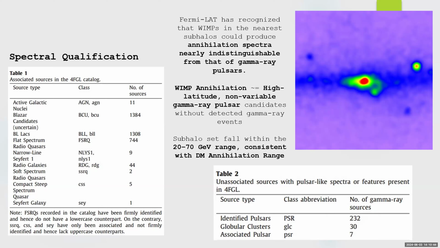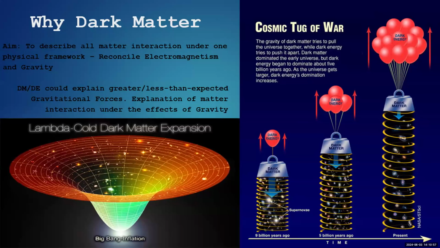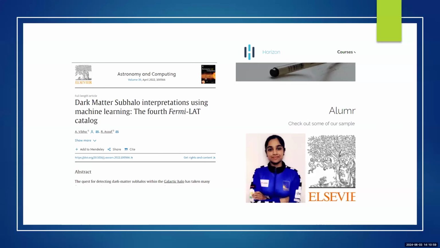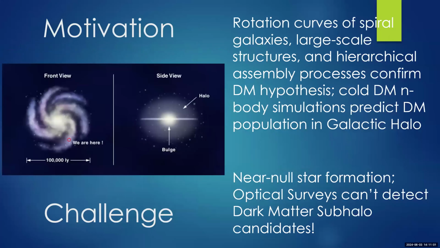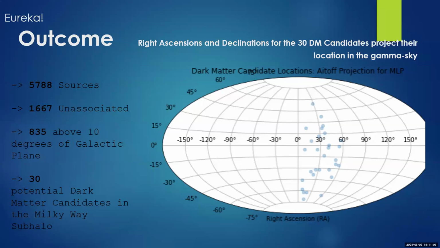So did you find any new sources that no one has identified before? There are four in my paper. I don't have them right now, but in the future work section of my paper, I have included that those four fall in the Chandra X-ray catalog also.